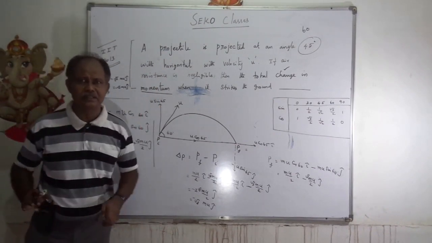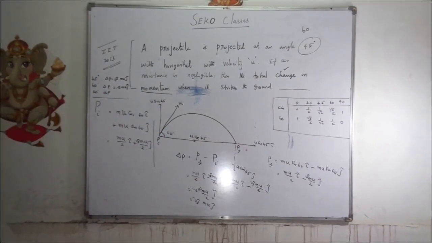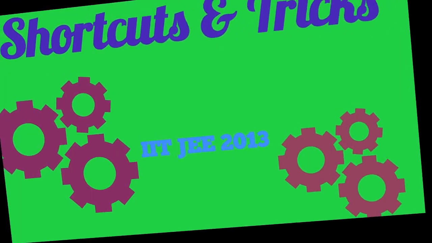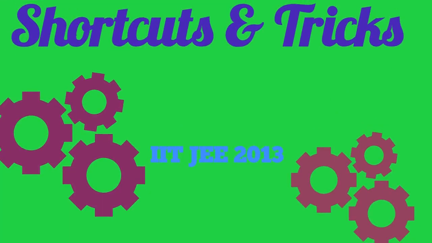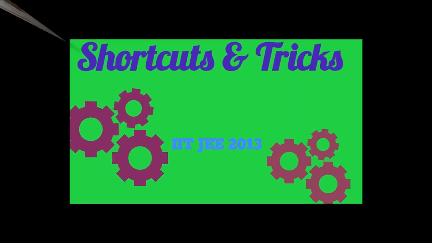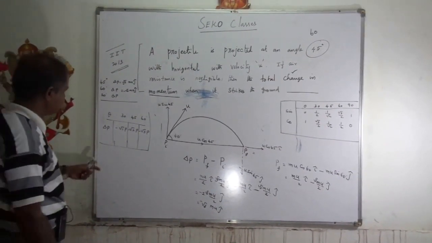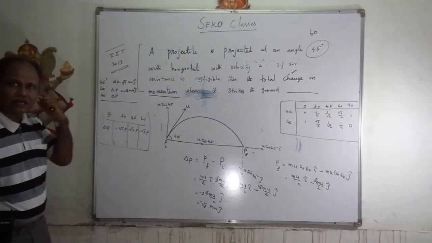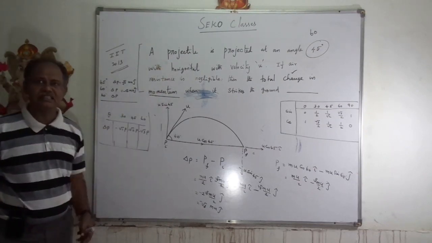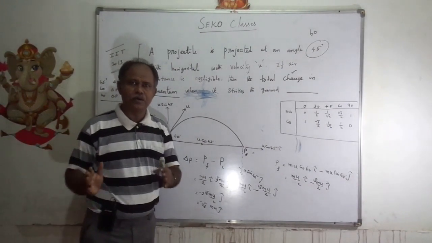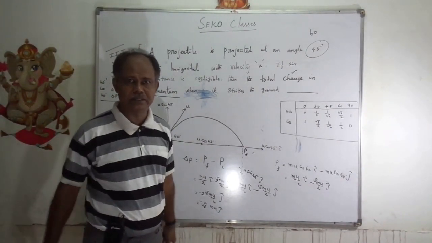I will give the shortcut method. Let us consider this shortcut method. How do you remember this concept in an easy manner without doing these calculations? In every problem I am giving some sort of shortcut method.